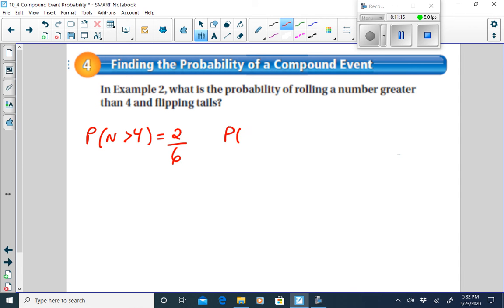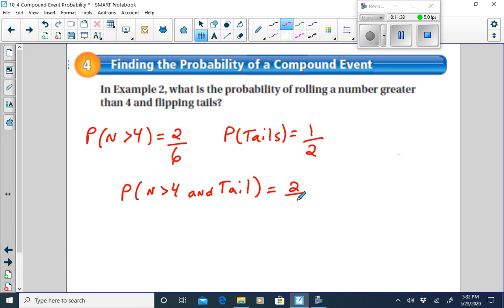What about the probability of tails? There's one tail out of the 2 possible outcomes. So we want to know the probability of a number greater than 4 and tails. That's what we're being asked here. So we want to multiply these 2 probabilities.